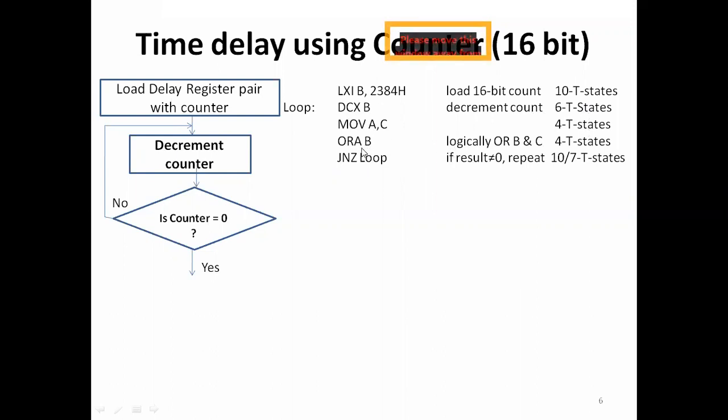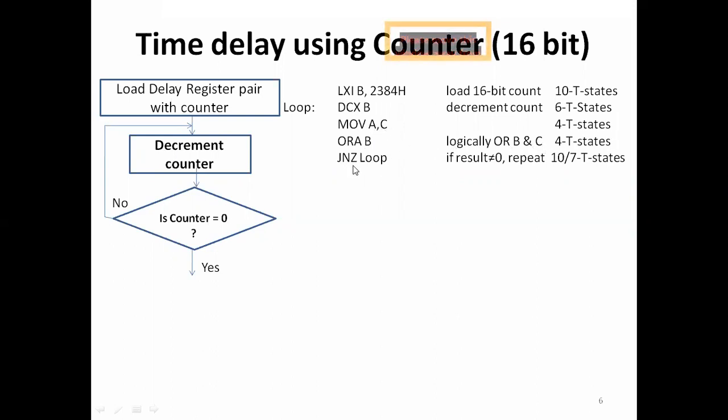ORA B is going to do the OR operation of the content of the B register with the content of the accumulator. Of course, the value of C is loaded in the accumulator, so physically we are doing the OR operation with B and A, but logically we are doing the OR operation with B and C. So it is also taking 4 T states.